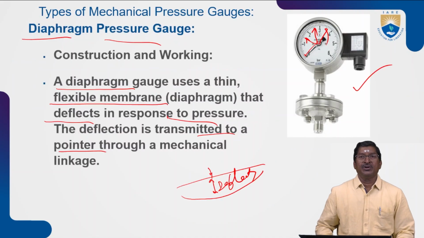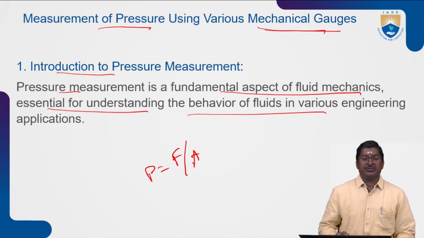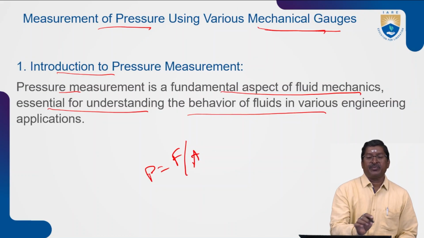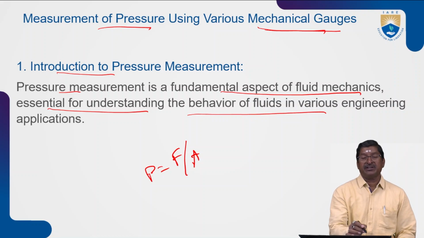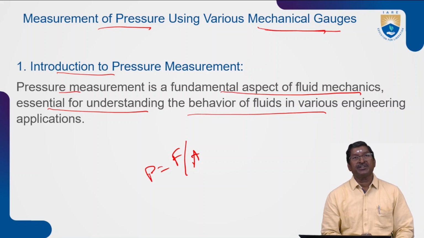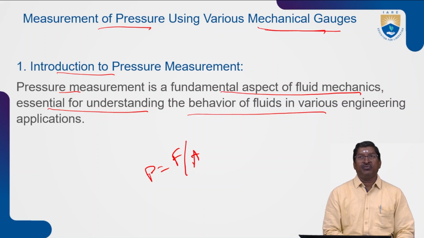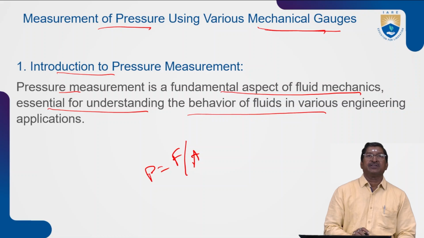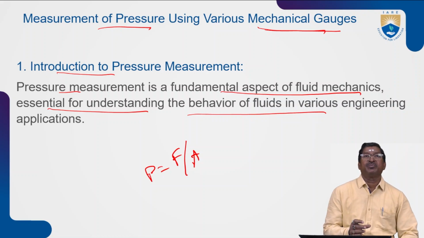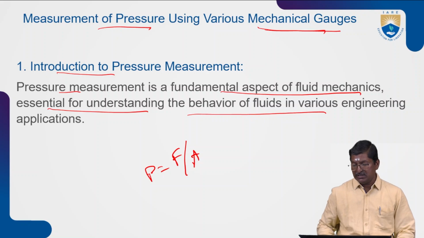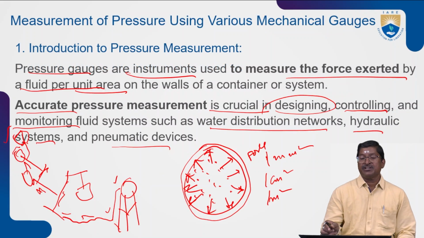So if you review today's topic, the pressure measuring mechanical gauges, the introduction is that it is very important to measure the pressure in a fluid. That is very important in fluid mechanics, in order to understand how various equipment can be designed.